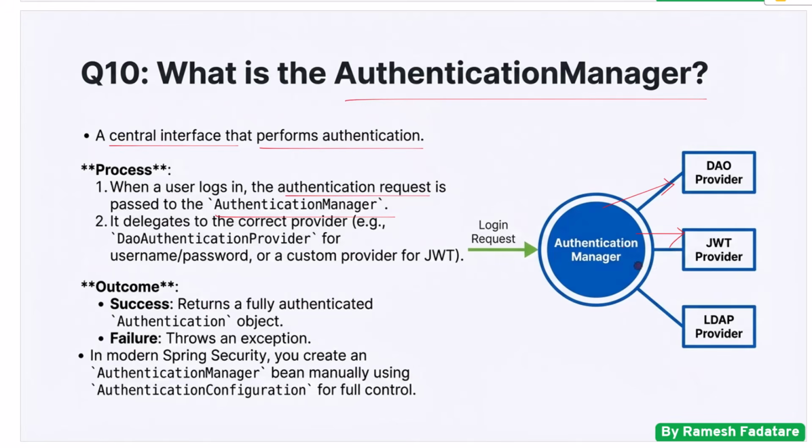If authentication is successful, it returns a fully authenticated Authentication object. If authentication fails, it throws an exception. In modern Spring Security, you create an AuthenticationManager bean manually using the AuthenticationConfiguration. This design gives full control over custom login logic.